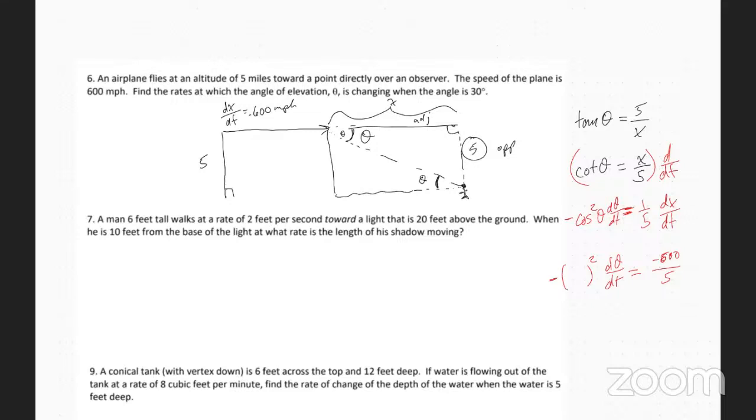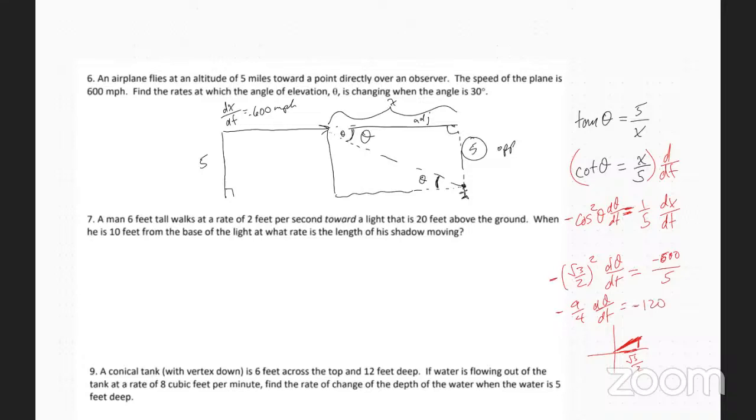The cosine of 30 is the x coordinate right here, so it's √3/2. So root 3 over 2 squared, and it's negative of that. So that's negative 9/4 d theta/dt equals negative 600 divided by 5, which is negative 120.